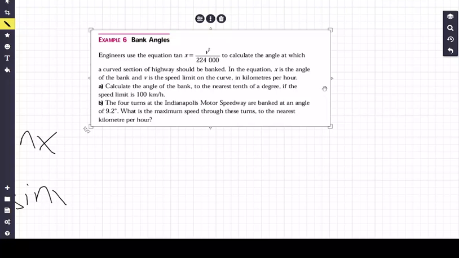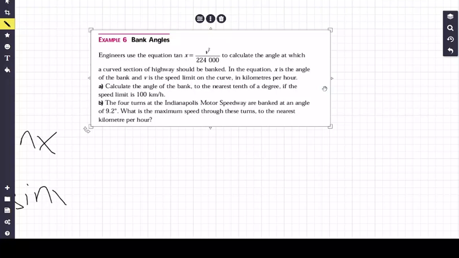So essentially, you're just going to plug this into the calculator. So 100 km to the power of 2 over 224,000. Let's just do that. So 100 squared, that's going to give you 10,000 over 224,000.